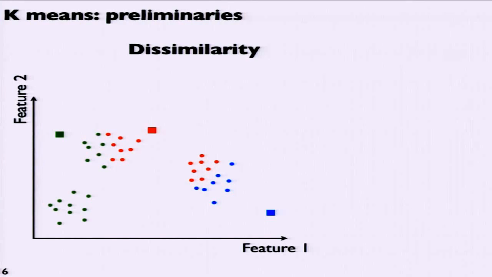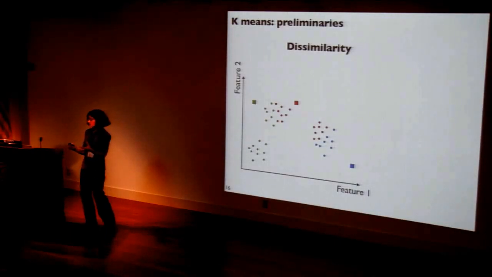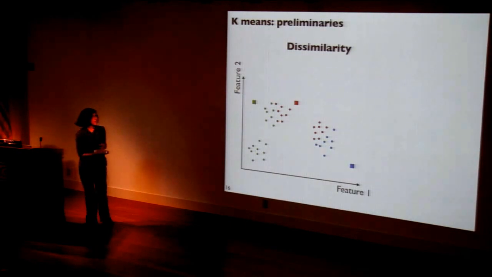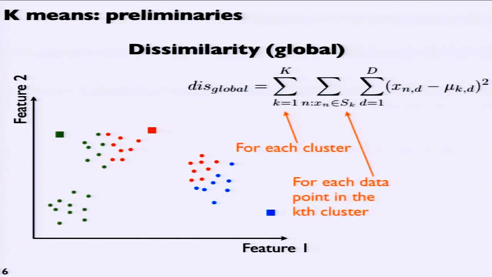Okay, so we have to revisit dissimilarity one more time for the following reason. We have this dissimilarity between 2 points, but what about a global sense of dissimilarity? We want to know how clumpy our clusters are in some sense. So we're going to use the following metric: for each cluster, we sum up over all the data points in the cluster the distance to the cluster mean.